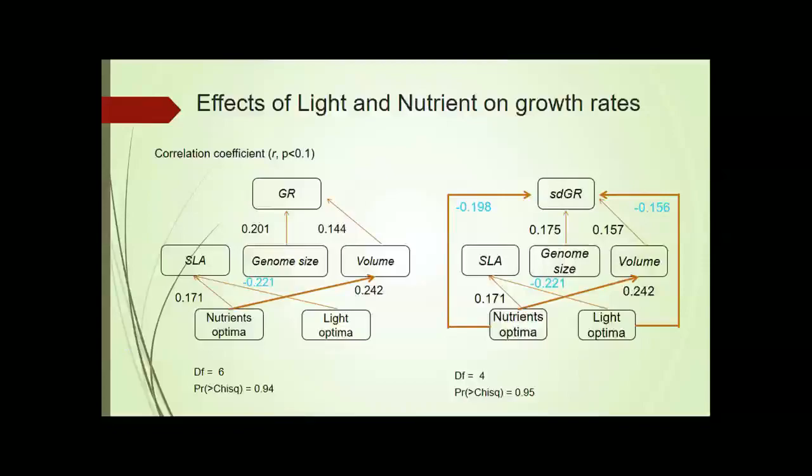Besides, we also found direct effects on standardized growth rates, but it's negative, which means plants which prefer rich habitats have relatively slow growth. It is because in high nutrient habitats they will compete badly, and a similar situation happened for light.